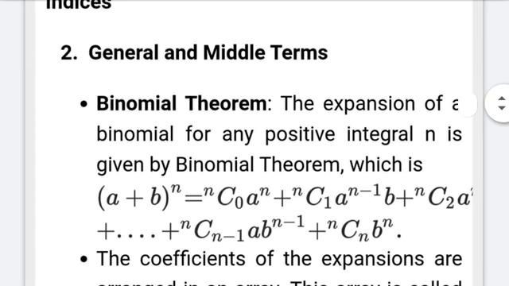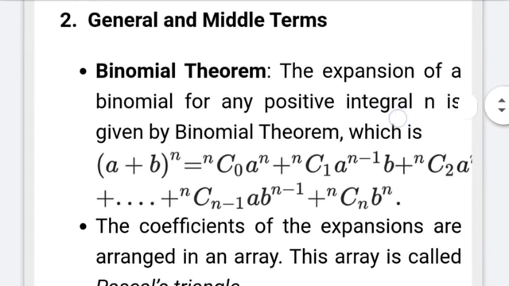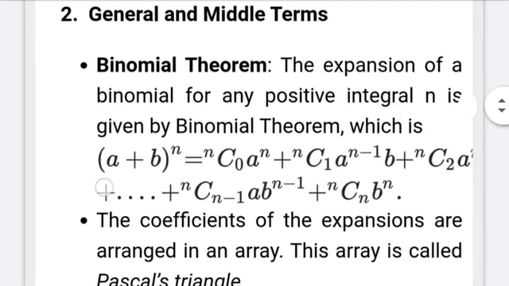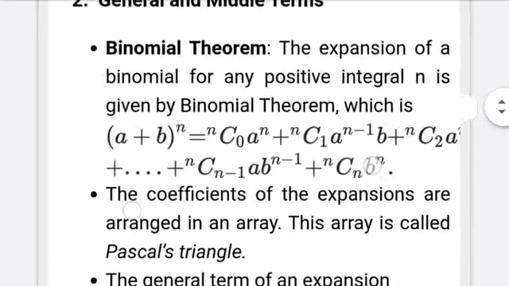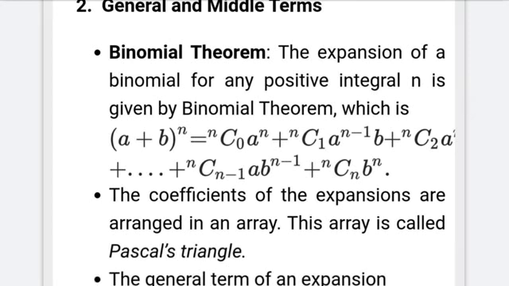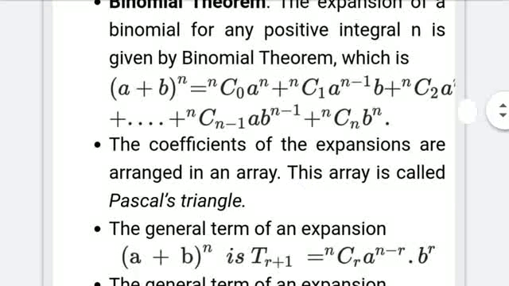So binomial theorem is basically the expansion of a binomial of any positive integral n, given by (a + b)^n = nC0 a^n + nC1 a^(n-1) b + nC2 a^(n-2) b^2, similarly going on up to nC(n-1) a b^(n-1) + nCn b^n.